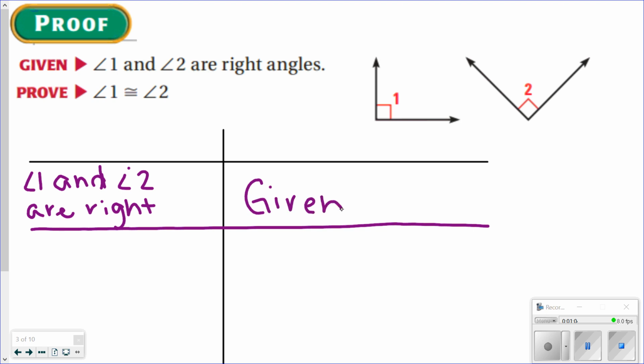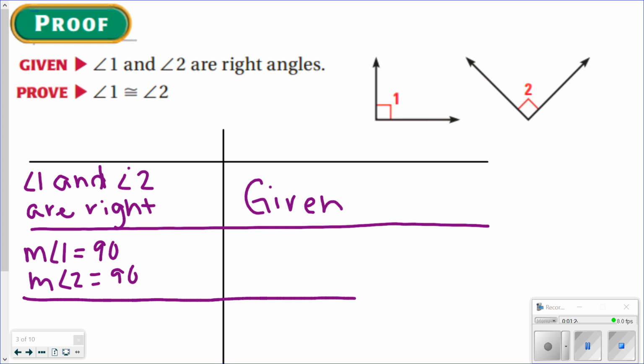Okay, so now that we know that they are right angles, what does it mean to be a right angle? It means that the angle is equal to 90 degrees. So the measure of angle 1 is equal to 90, and the measure of angle 2 is equal to 90. And the reason?